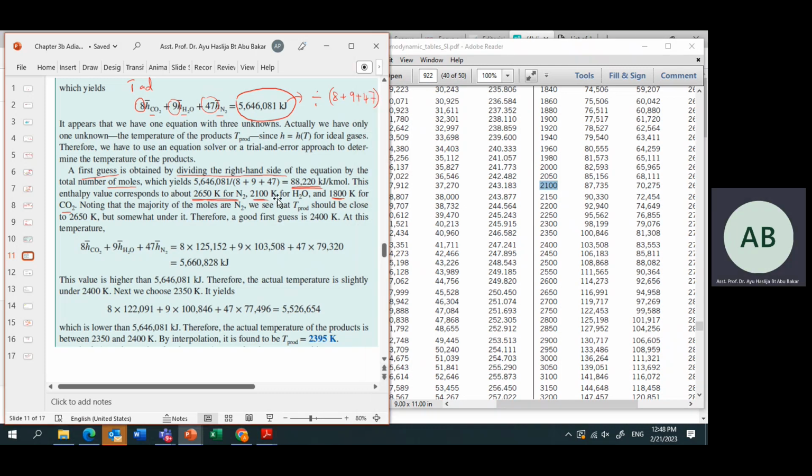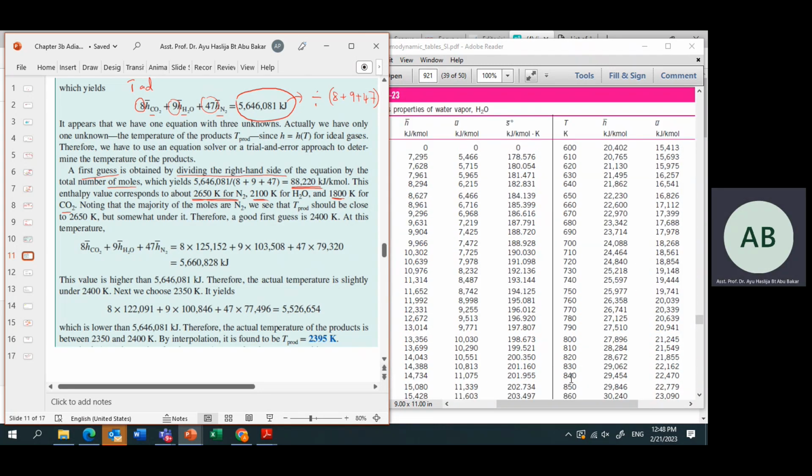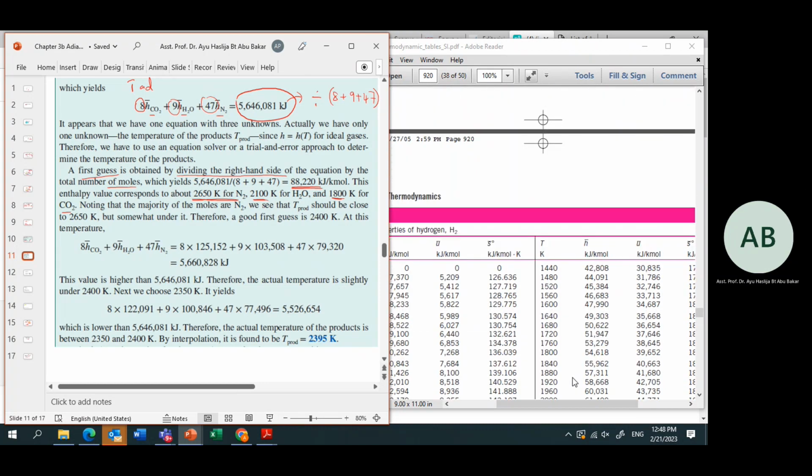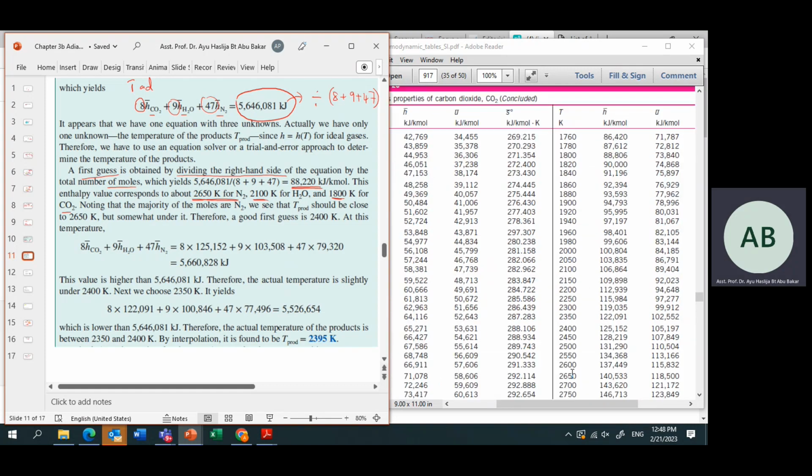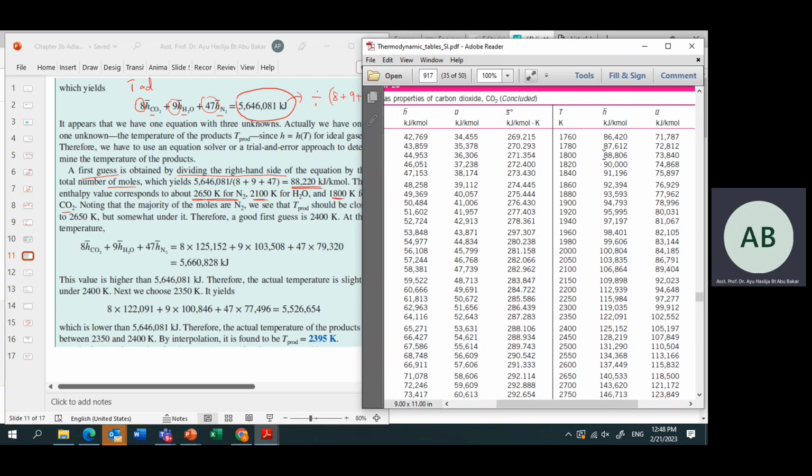Then for CO2, we find in the table for CO2 that specific amount of enthalpy, so it falls around this figure, 1800. So from here, we can see that enthalpy amounting to 88,000 is a different temperature for each component.